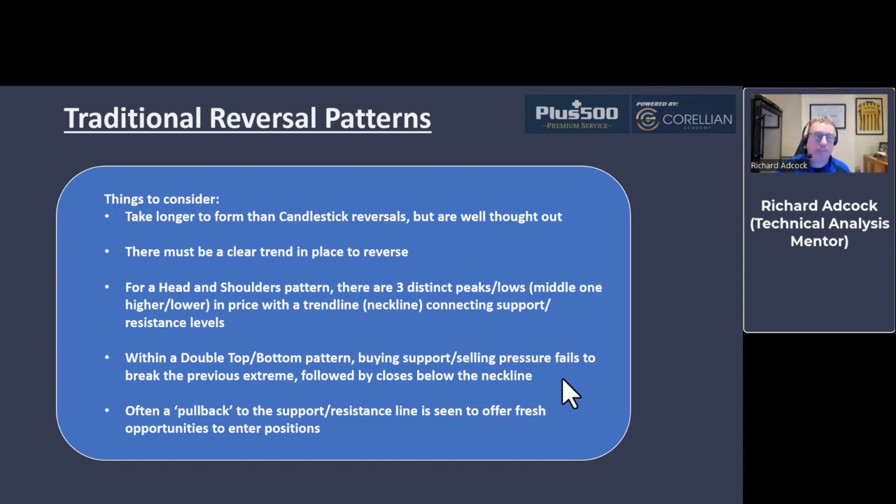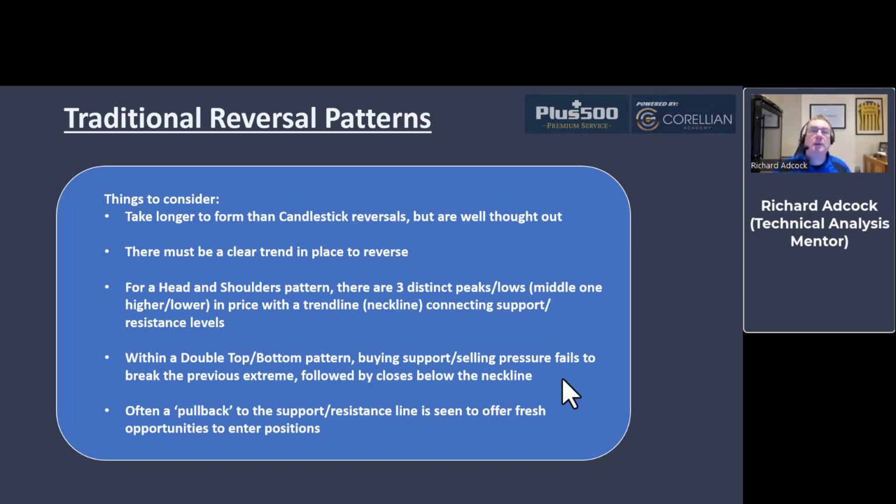Now, for the head and shoulders pattern, which is probably one of the better known traditional type of patterns, there has to be 3 distinct peaks or lows, depending on the direction of the change that we're looking at, with the middle one higher to reflect a bearish head and shoulders, or lower than the other 2 if we're looking at a bullish reversal.